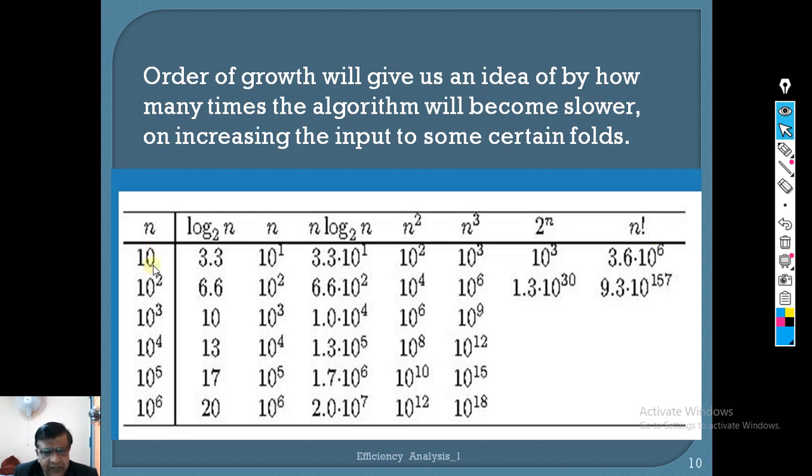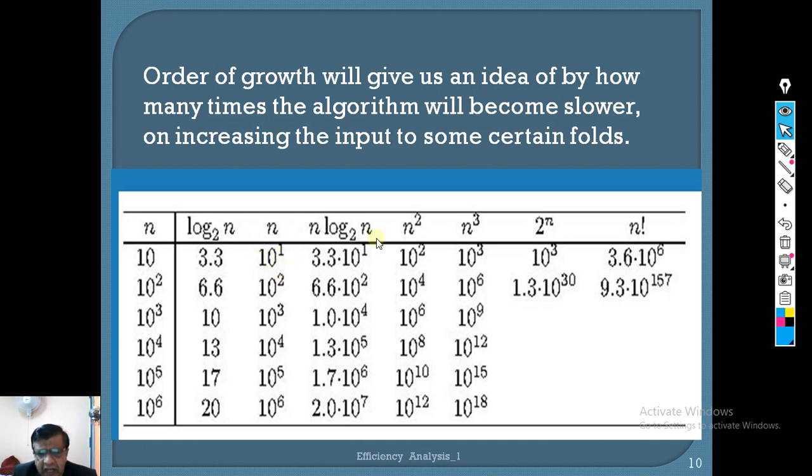We will take input as 10. An algorithm with a log n complexity will take the basic operation getting executed only 3.3 times. But a linear complexity algorithm will run the basic operation 10 times.